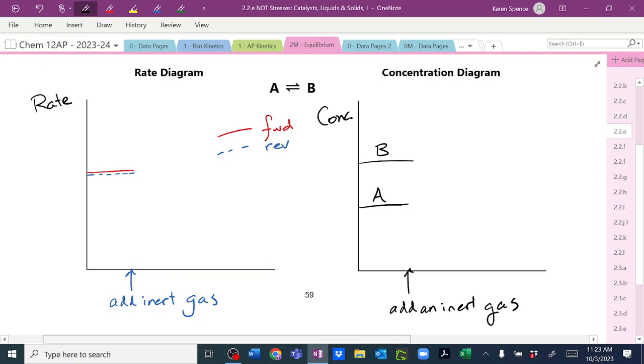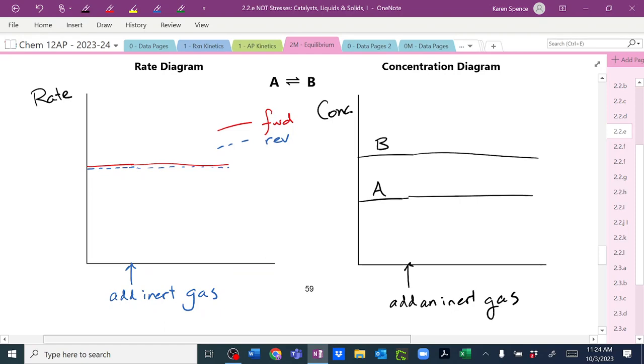So friends, what's happening here? What's it going to look like? Absolutely nothing happens, right? The most boring diagrams you can possibly imagine.